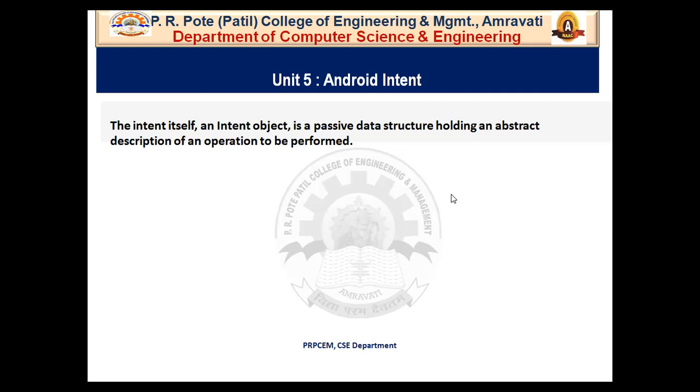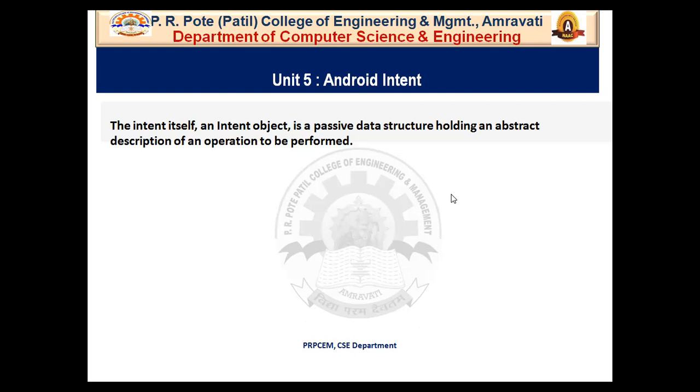So intents are basically message passing objects which you need to request an action from another app component, but a component can be anything. That means it can be a service, it can be a receiver, and it can be an activity.